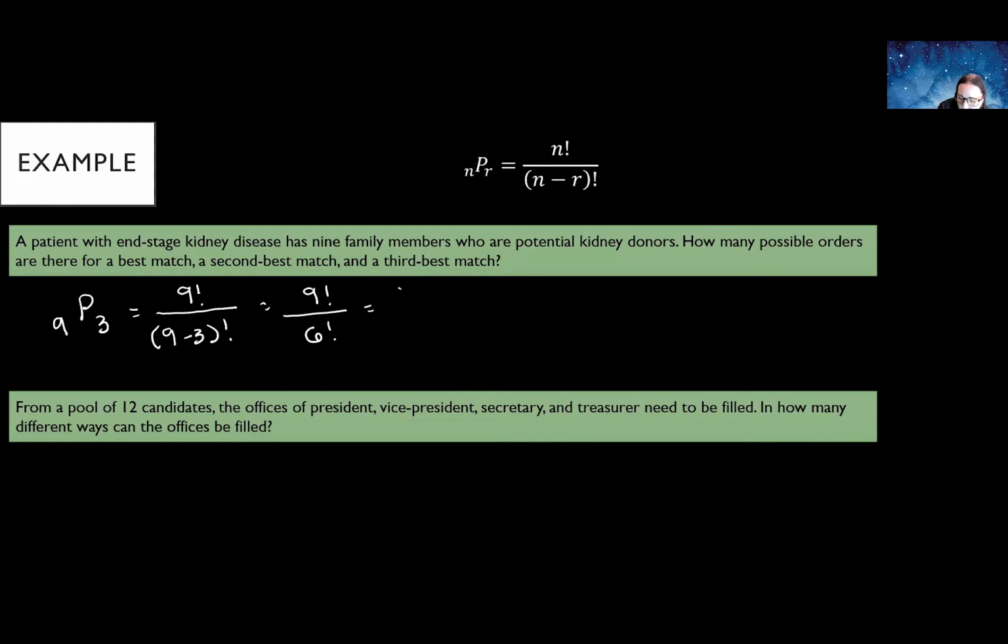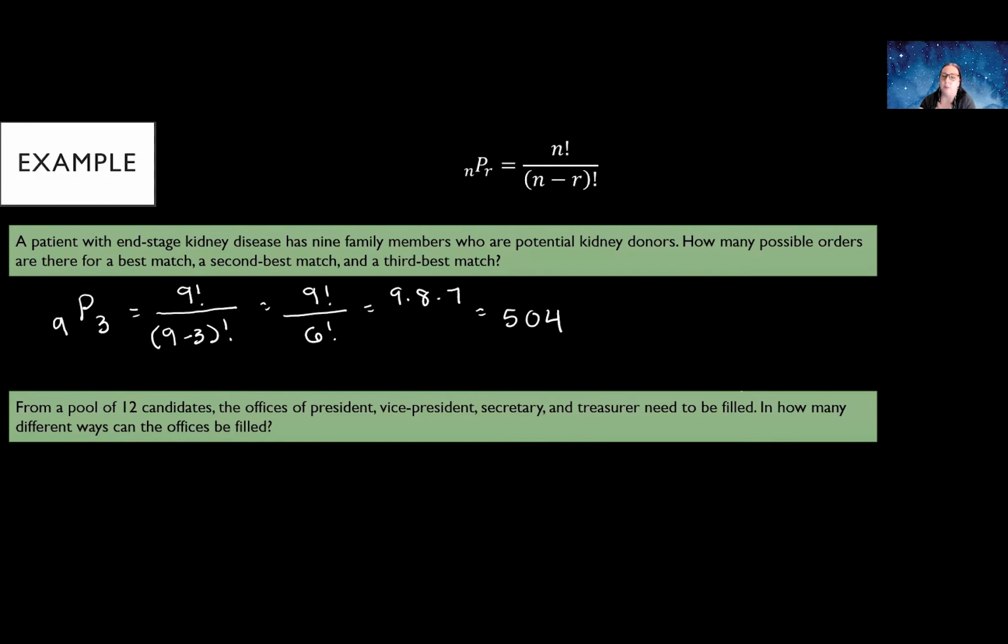This would be equal to 9 times 8 times 7, because anything after the 6 factorial will cancel out. You can even go further and not do the factorial stuff if the numbers are small enough like this. So knowing that all the 6 factorial stuff cancels and we just do 9 times 8 times 7, this gives us 504.